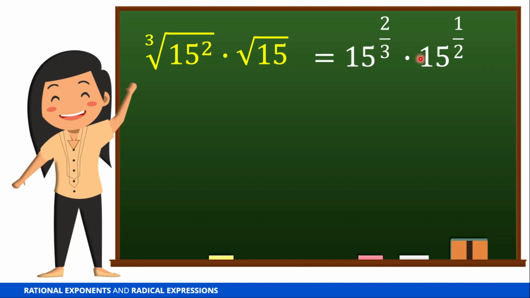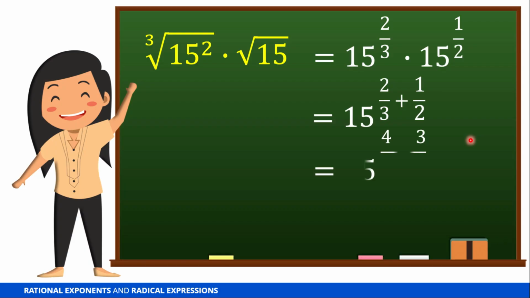Okay, so ang gagawin natin, since pareho na sila ngayon, na nasa exponential form, and kita naman natin na pareho ang kanilang mga base, i-add natin ang kanilang mga exponents. Okay, para ma-simplify natin yung ating given expression. 15, okay, kunin natin yung 2/3, plus 1/2 na mga rational exponents. Kung i-add natin yan, kunin natin syempre yung ating magiging denominator, that is 6.